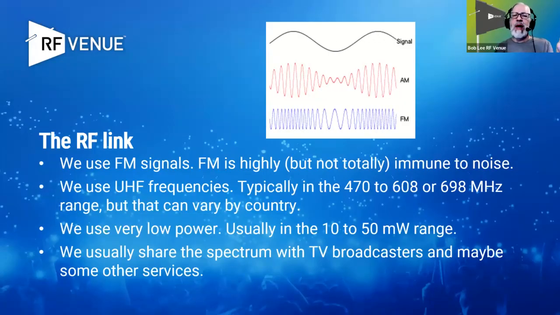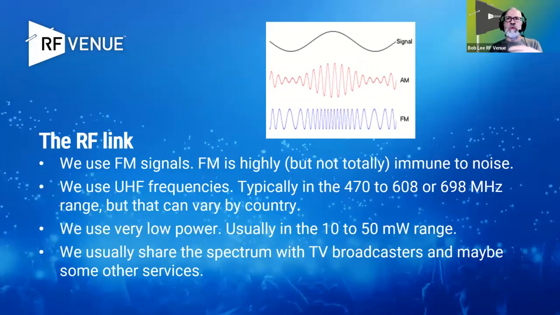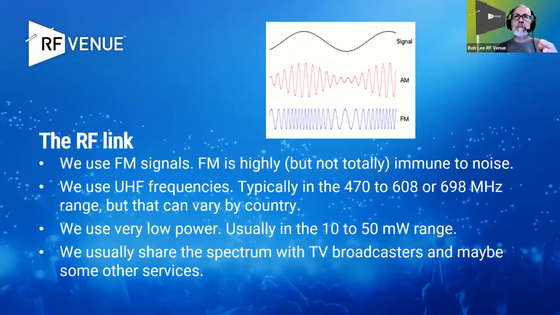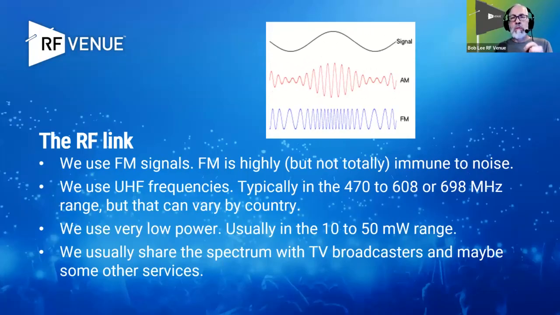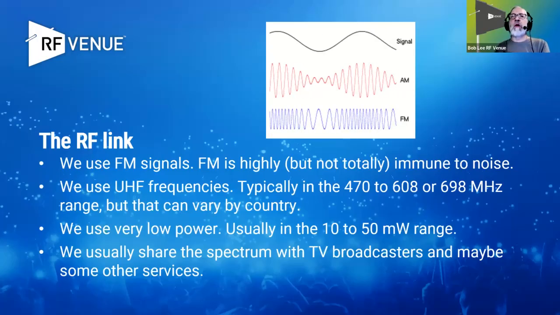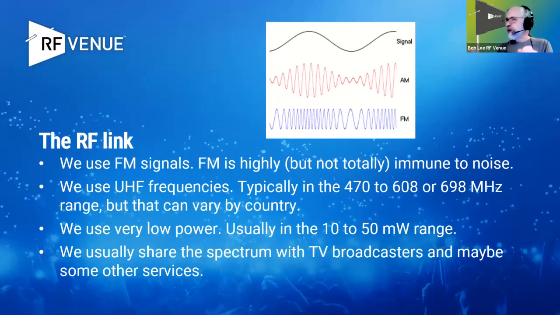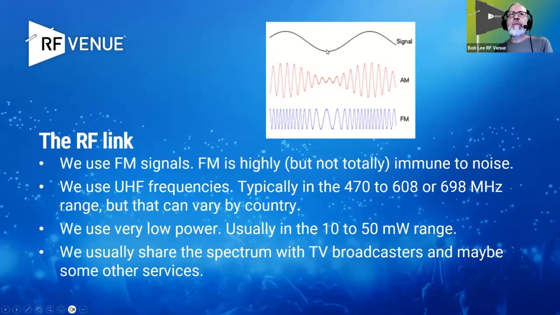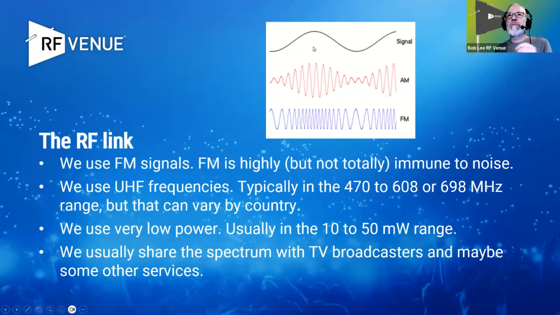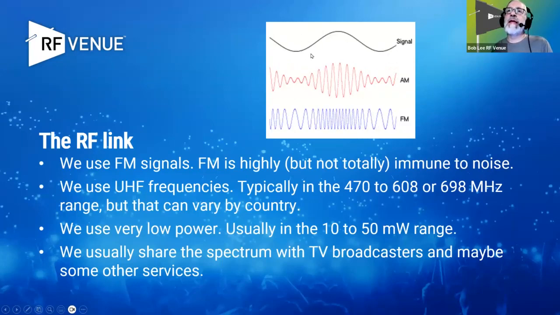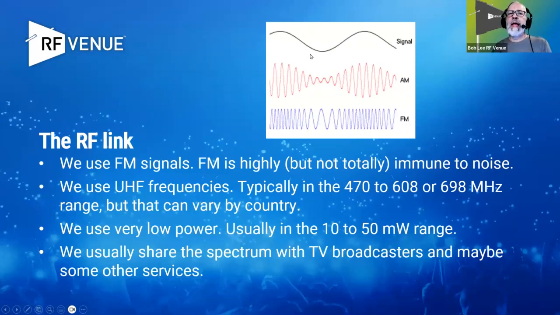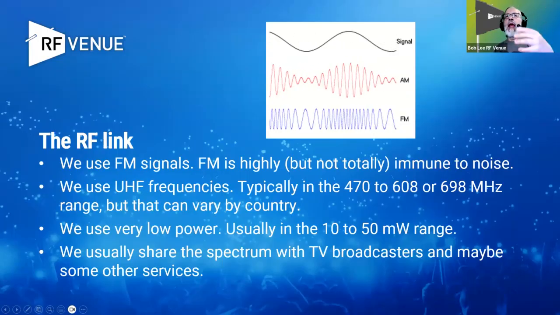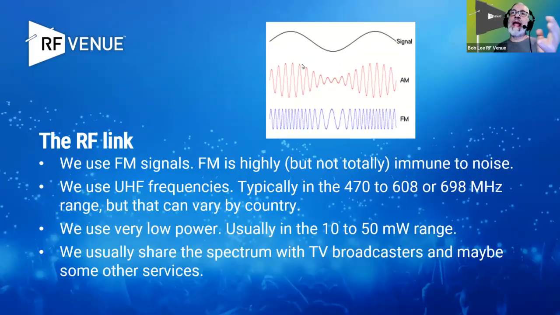So for this RF link, first we use frequency modulated radio signals, or FM. FM is highly immune to noise. Not totally, but the signal can be processed in a way that eliminates almost all of the noise. Now, in the top part of this animation, we're seeing the representation of the audio signal and how it would modulate an AM system.